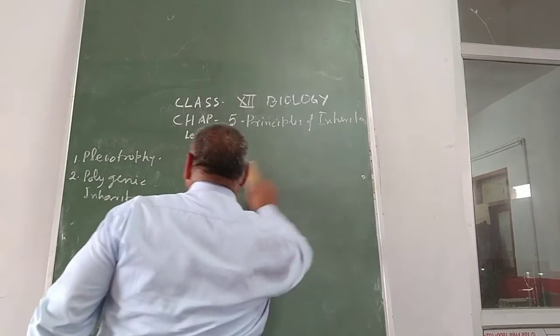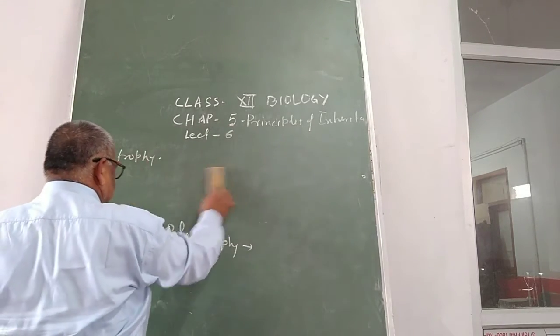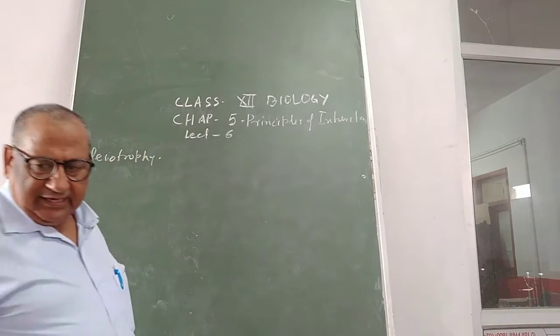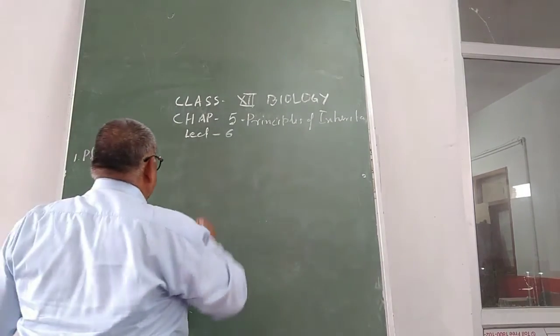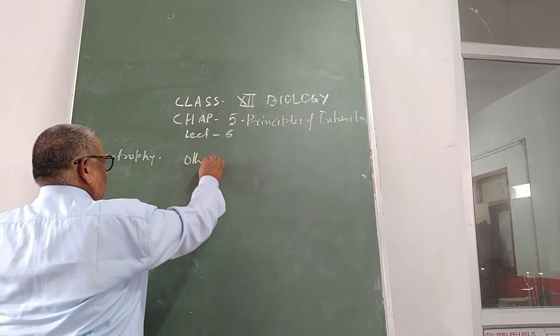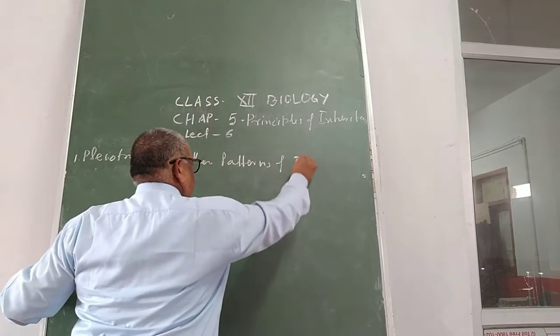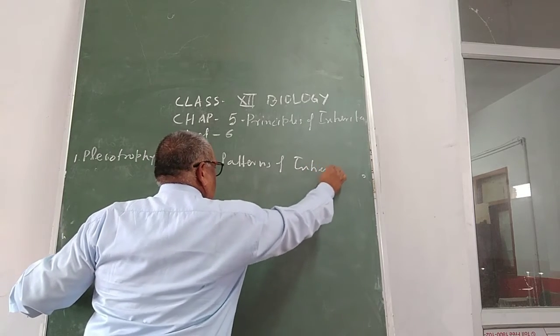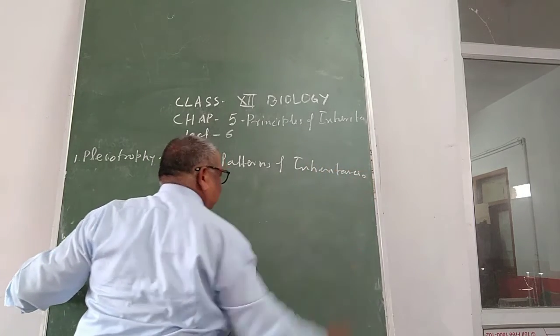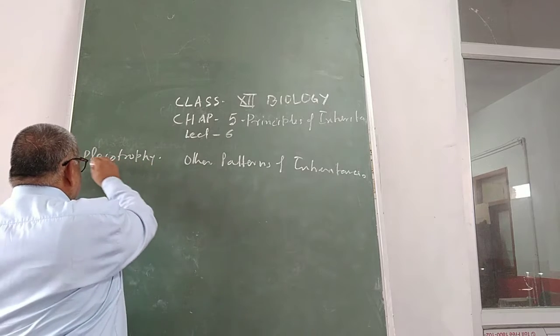In other patterns of inheritance, what are the other patterns? One of them is pleiotropy.